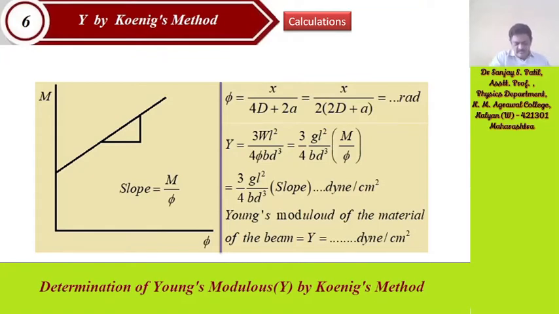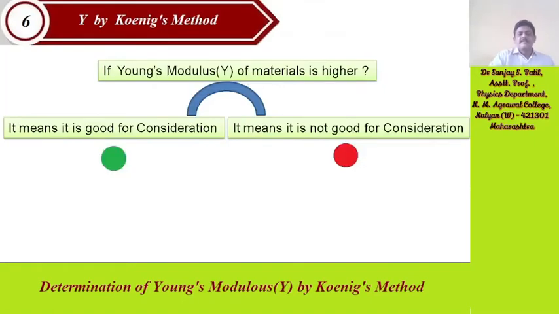Now from this, our conclusion is that if Young's modulus of a material is higher, it is good for consideration, and if it is less, it is not good for consideration. So always the Young's modulus of the material should be higher and higher. Young's modulus is nothing but the measure of stiffness and strength of the material, how strong that material is, up to what extent it has stiffness.